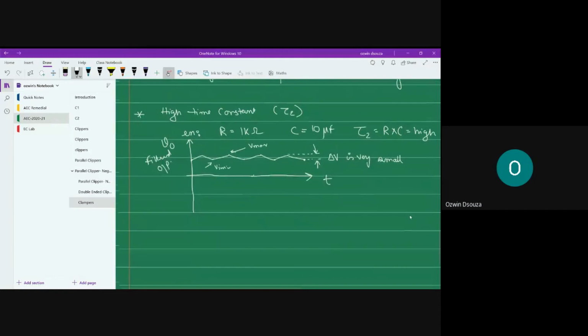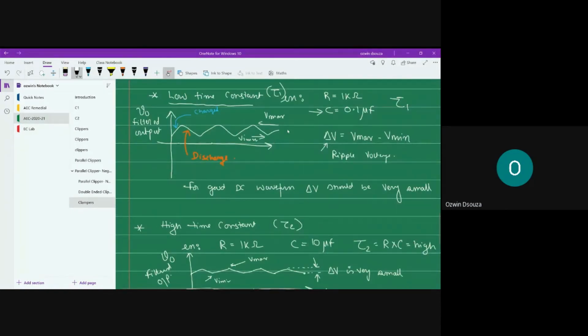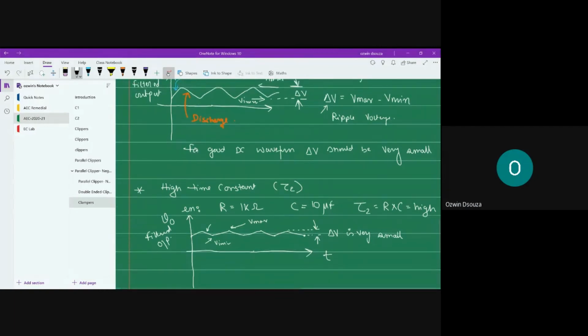Earlier it was very bad, so this was your delta V. Now you have reduced it to a smaller value. That's because the discharge period is shorter: the capacitor is getting discharged only to some extent. In the previous case the capacitor was getting discharged to a larger extent. Now it is getting discharged to a smaller extent.